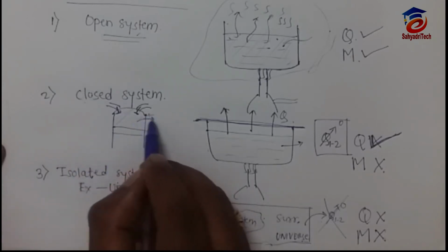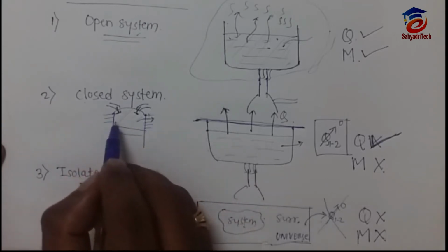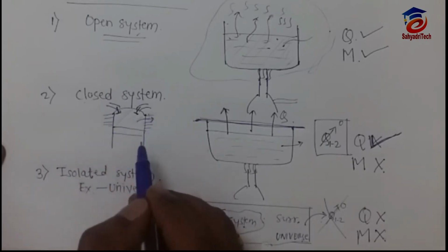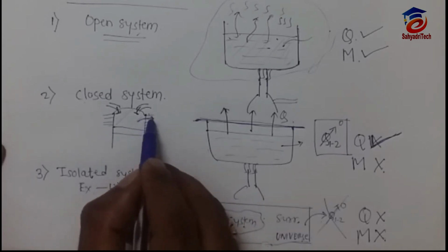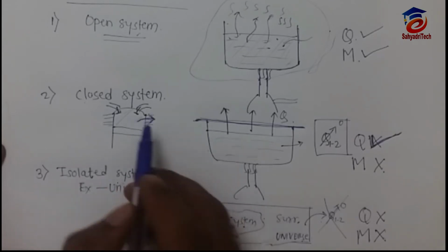There are fins given, right? If you see your two-wheeler engine, outside the engine you can see fins. Through these fins heat will transfer. For optimum cooling only, those fins are given. So there is always heat transfer. Just touch that engine, you will feel some heat.